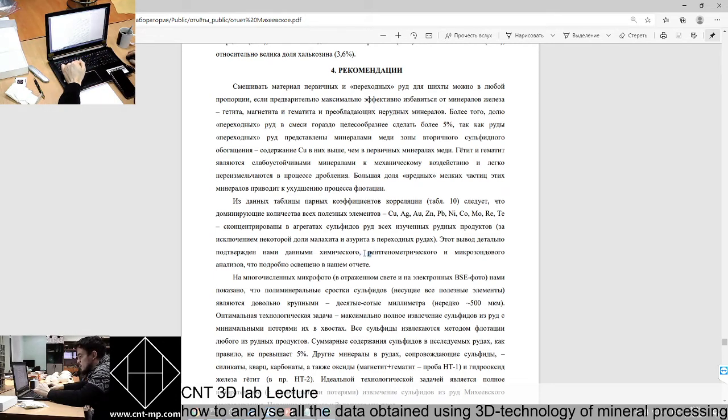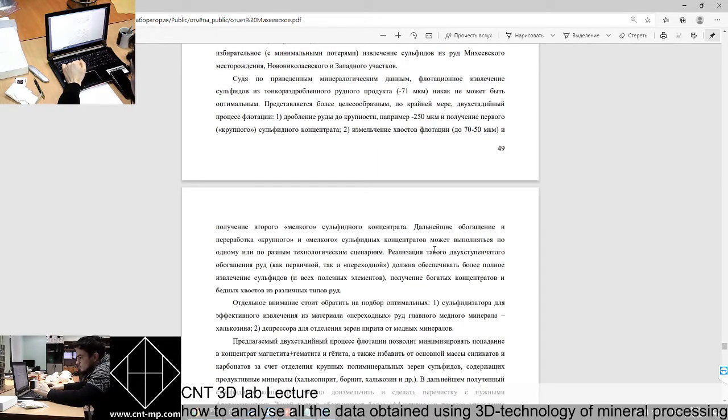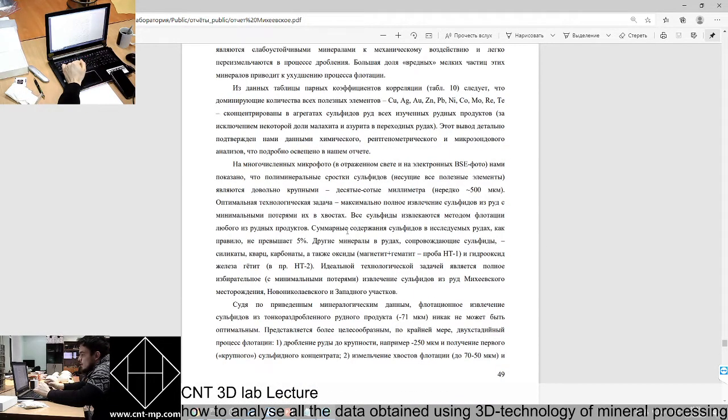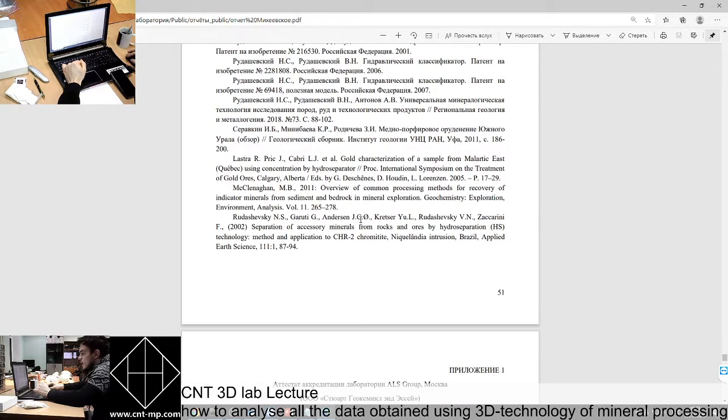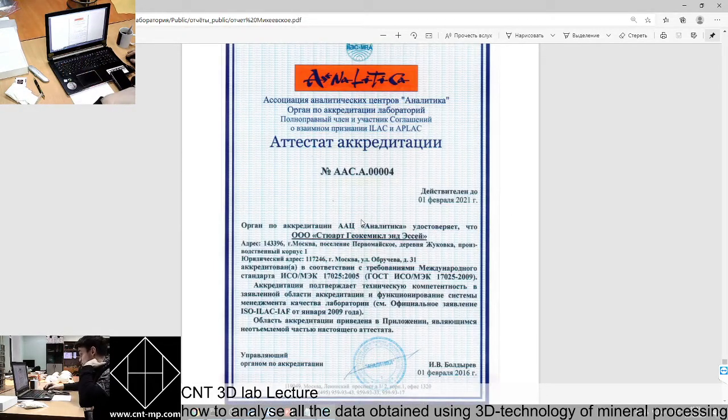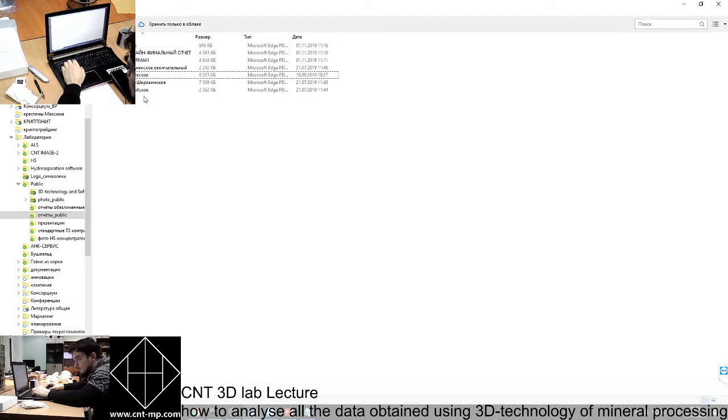For example, sometimes there is a need to proceed with other analyzing methods. Sometimes we need more samples to analyze, and also we can tell the client what they have to do to process better, to receive better concentrate and better tailings, better wastes.